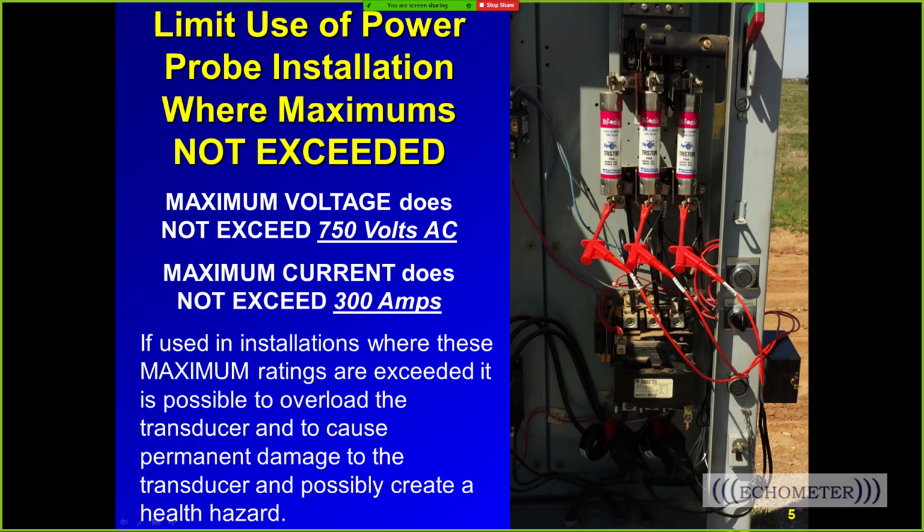You should visually inspect to make sure that those teeth are out and it's not connected before you put your hands inside the panel to connect it up. Before you even open the door, you should have a proximity detector and wave it over the panel and make sure the panel is not hot. Or check the panel with an amp meter or a voltmeter.